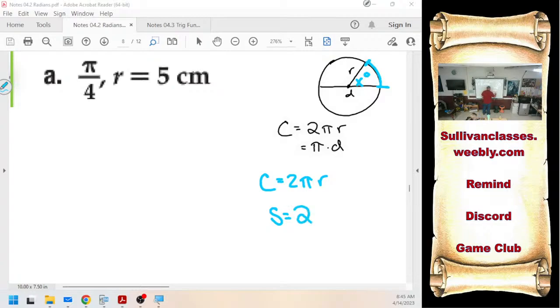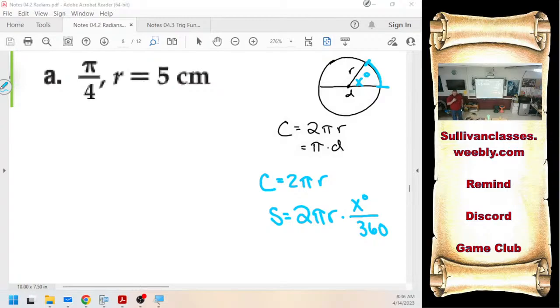It's going to be 2 pi r times x out of 360. Now, what is 2 over 360? Right? 1 over 180. What is 2 pi over 360?